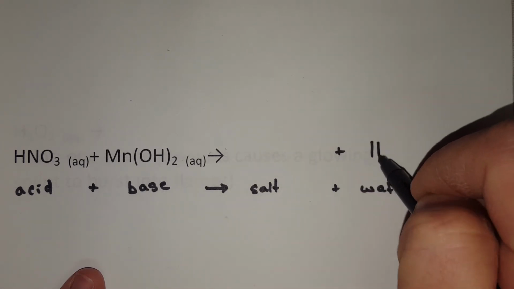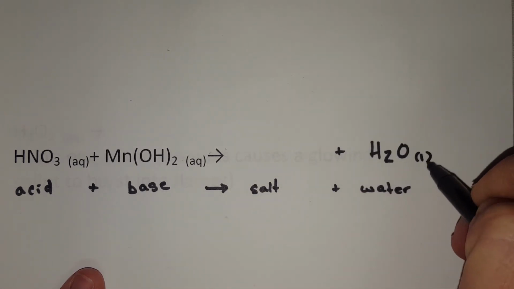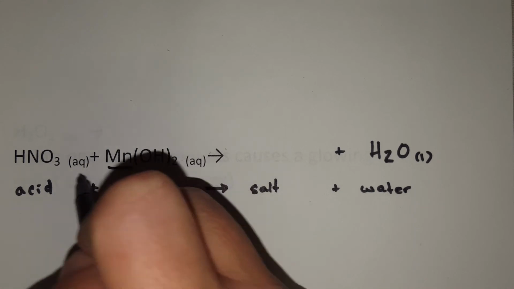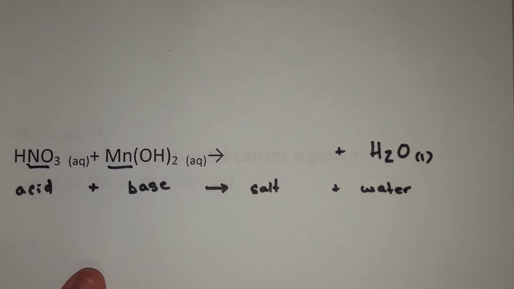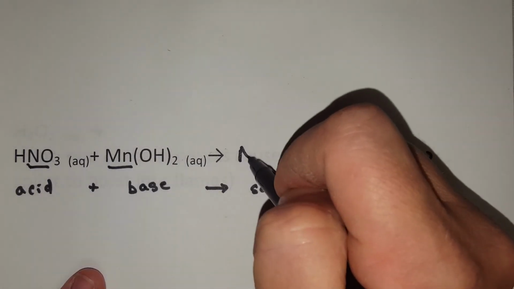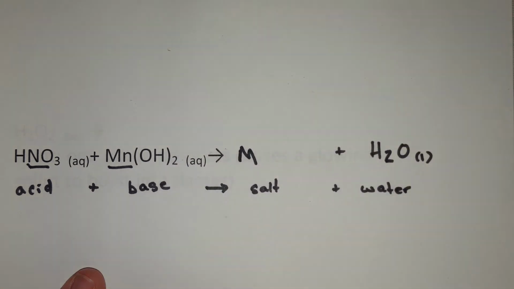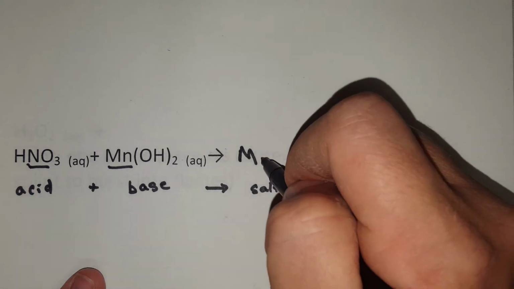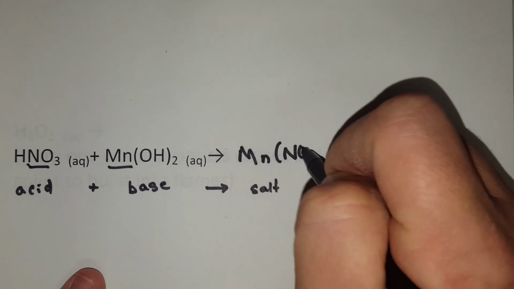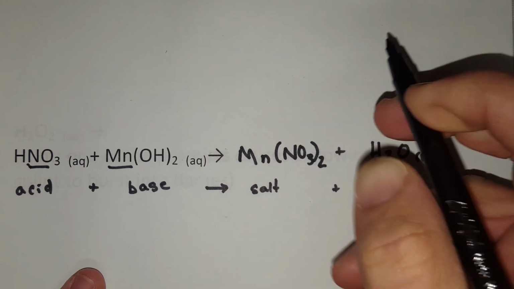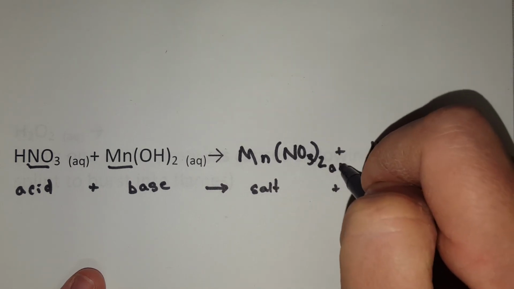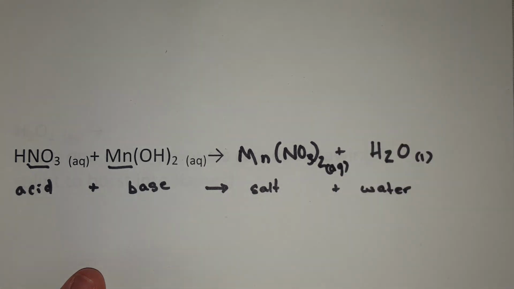So I know one of my products is going to be H2O, and the other one would be Mn with NO3. We can see here my valence on my manganese is 2. Anything with nitrate is aqueous, so I don't even need to look that up.